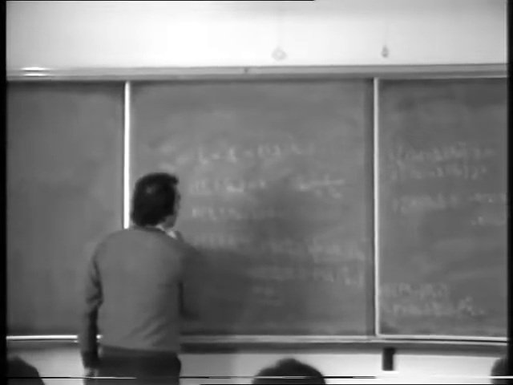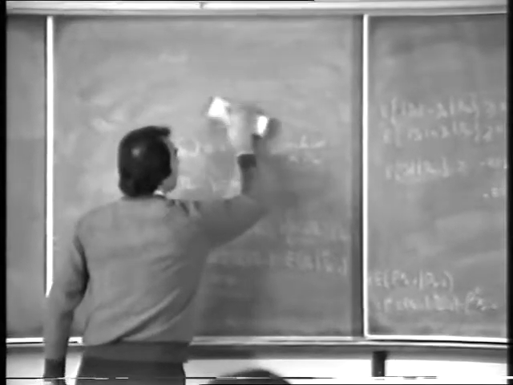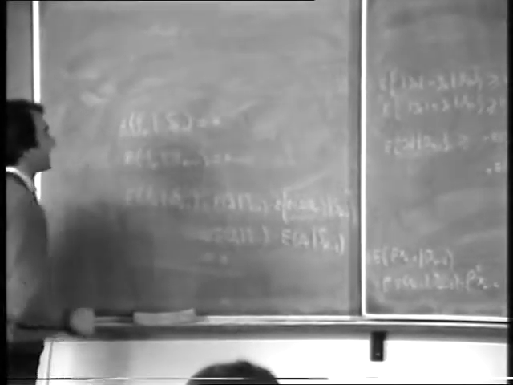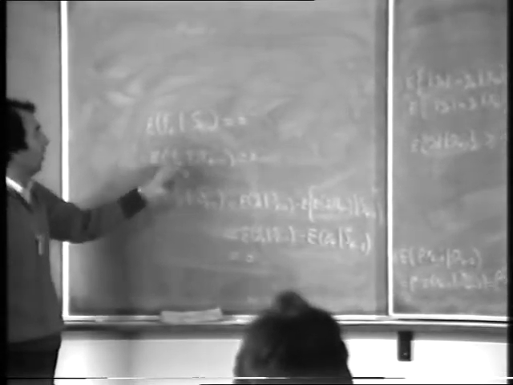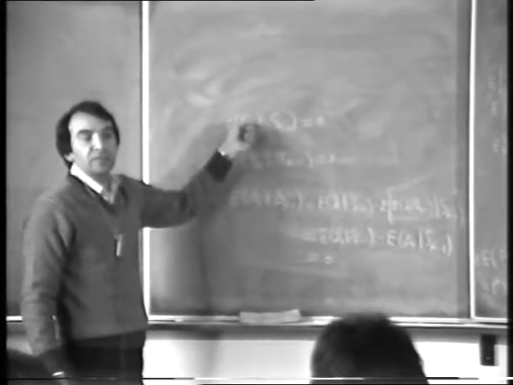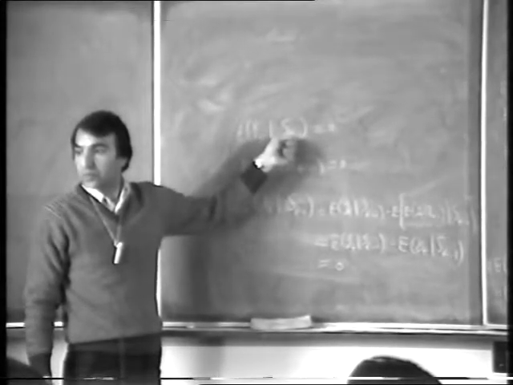Now, it follows from this property also that any information set available at time t minus 1, which is in the set omega t, multiplied by the expectation error should also be orthogonal to the information set.